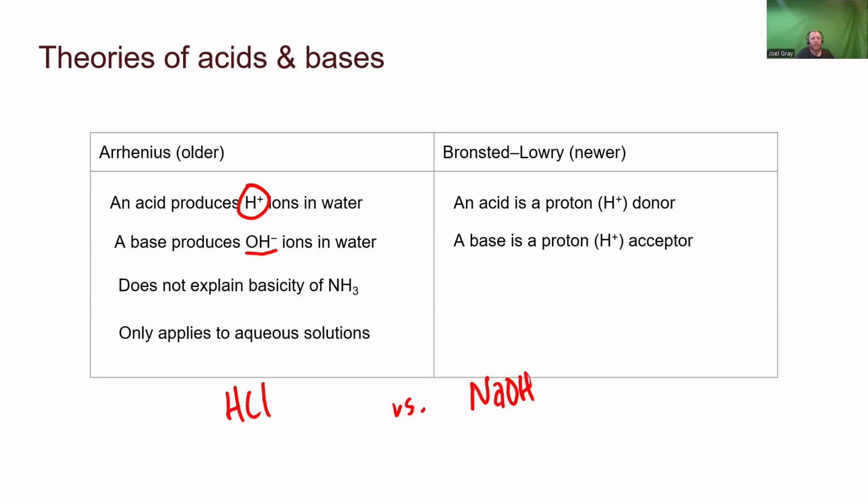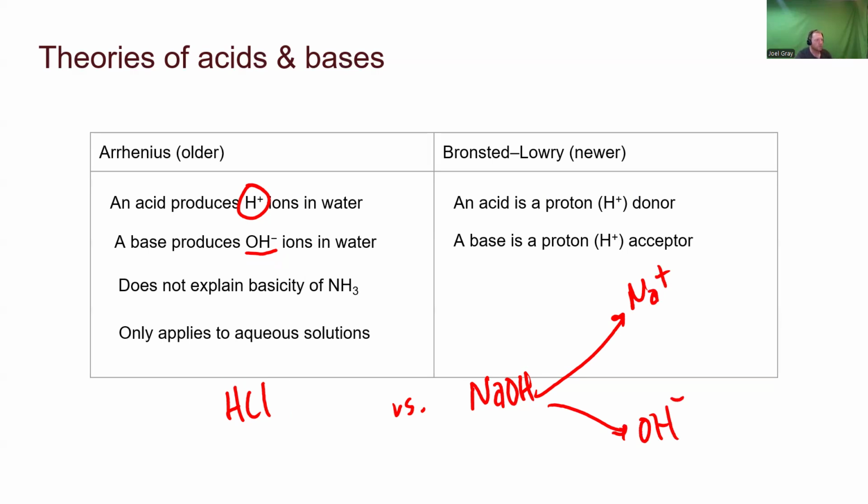Which one of these will make a hydroxide ion? Sparrow, you're absolutely right. NaOH will make a hydroxide ion because this will split off into Na plus and OH minus.